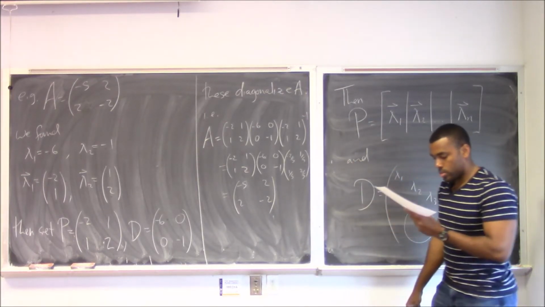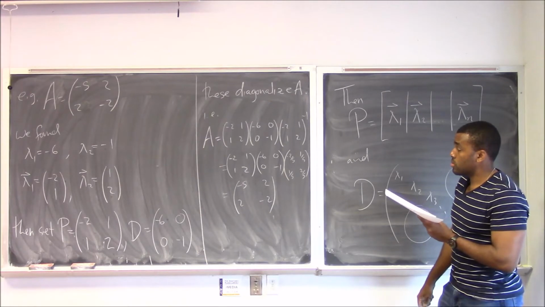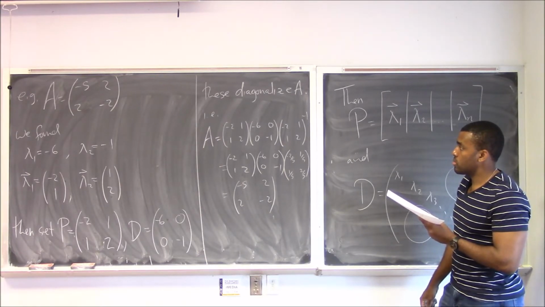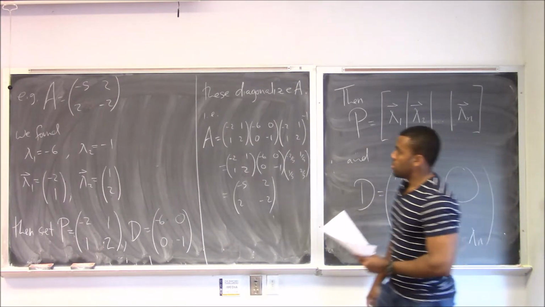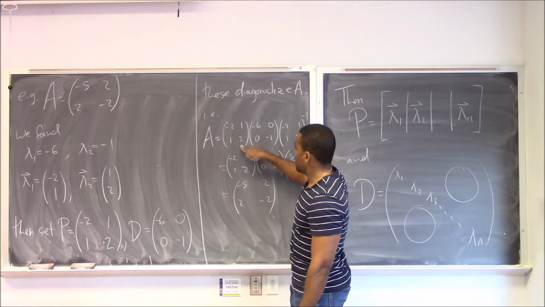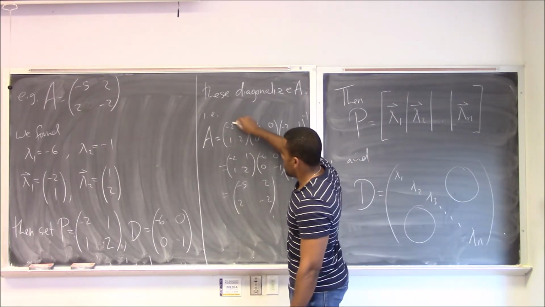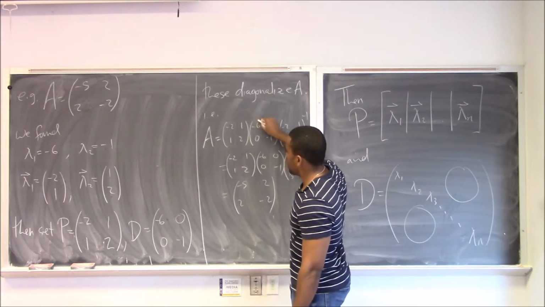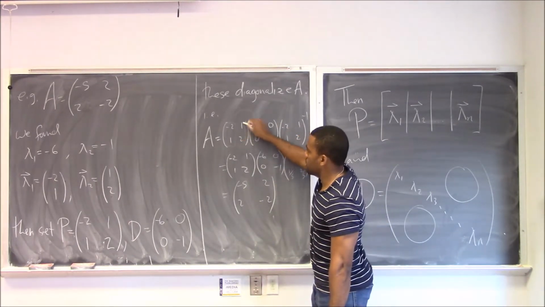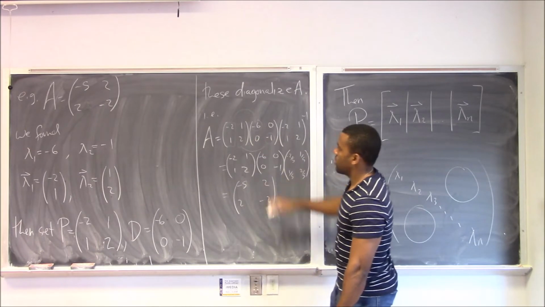Just the eigenvectors times the eigenvalues times the inverse of the eigenvectors. This is a matrix where the eigenvectors are the columns. This is an eigenvector, and it corresponds to the first eigenvalue. And then this one corresponds to the second eigenvalue.